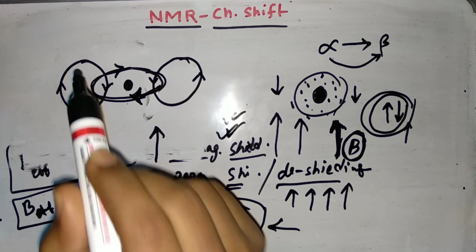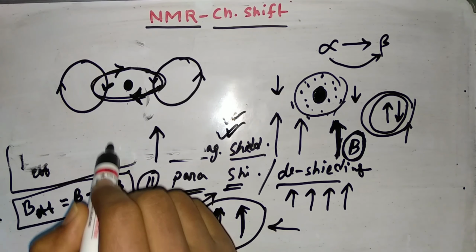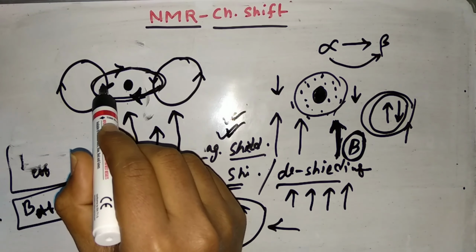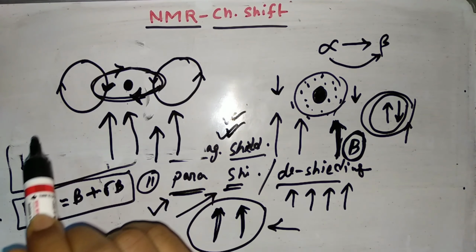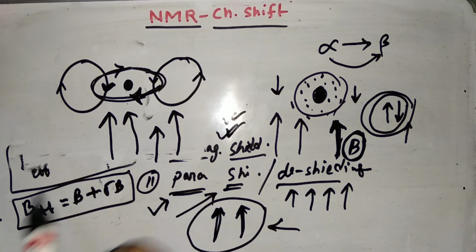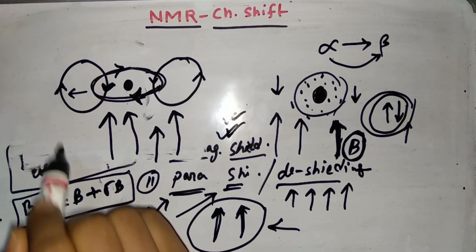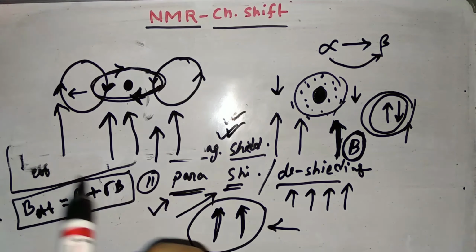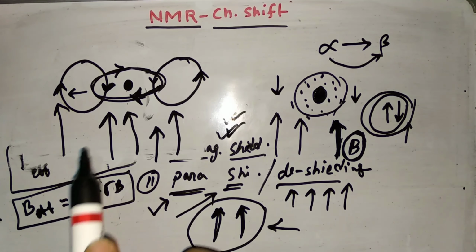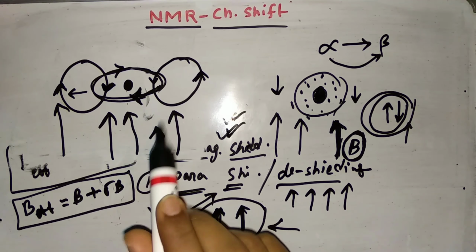Near the nucleus, the direction of the induced magnetic field opposes the external magnetic field, and outside, or far away from the nucleus, it is aligned. Here also the same is true. One thing is important, that the deshielding depends upon the electron density, as I have already told you, and the lower the electron density, the higher will be the deshielding.